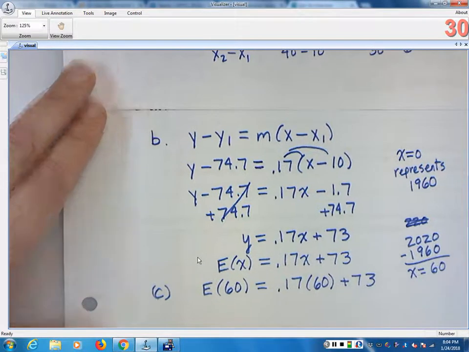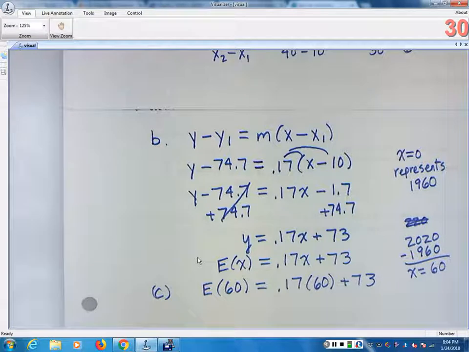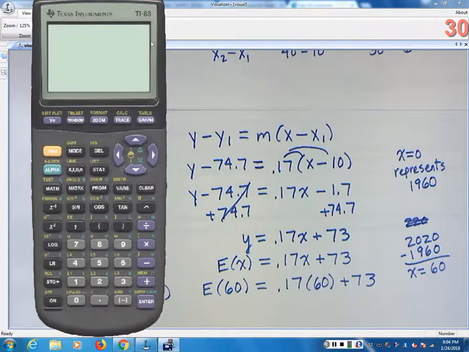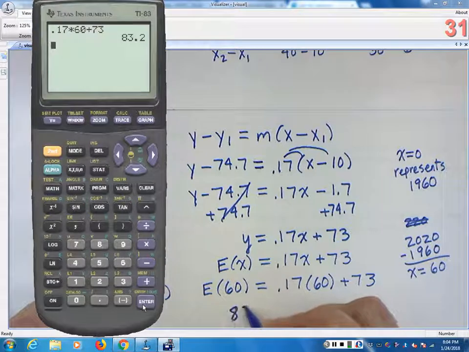And we're going to use our calculator. 0.17 times 60 plus 73. 83.2. And that's in years.